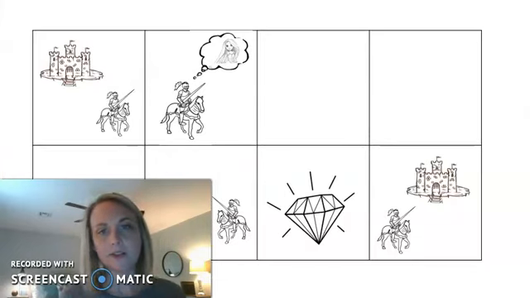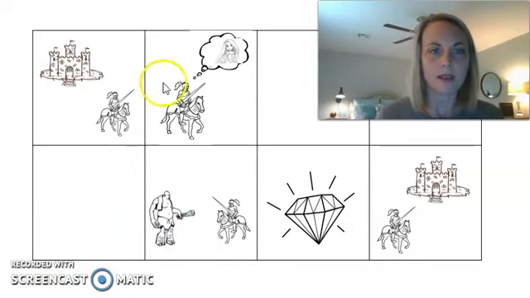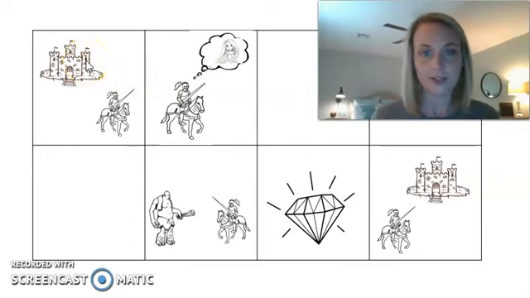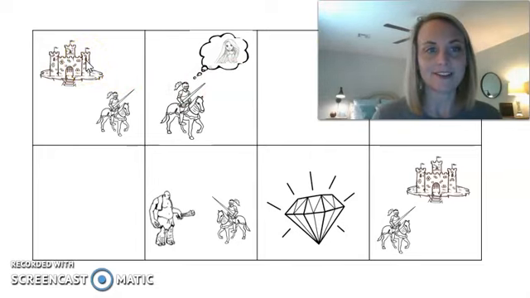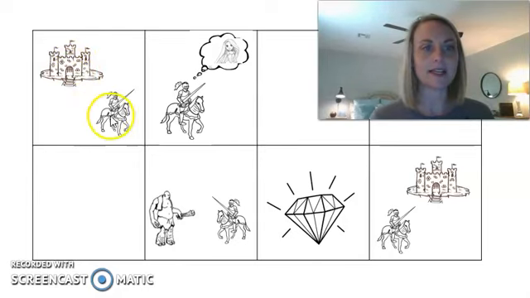Now, this is unfinished. Obviously, I did not finish my story, and you can add words too, but these are just images I found online because I am not too great of an artist. But here he is leaving his castle.